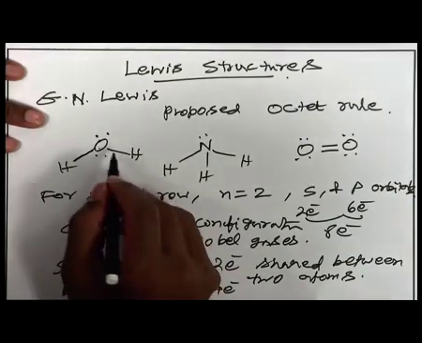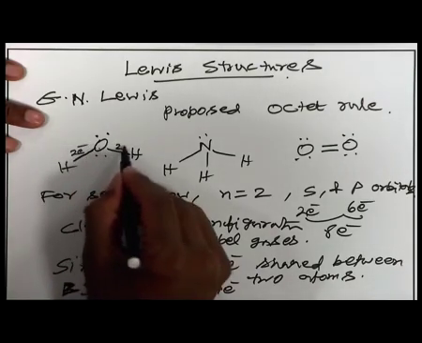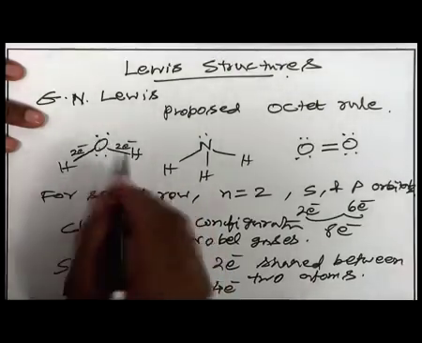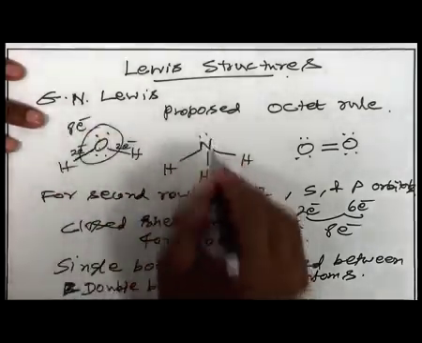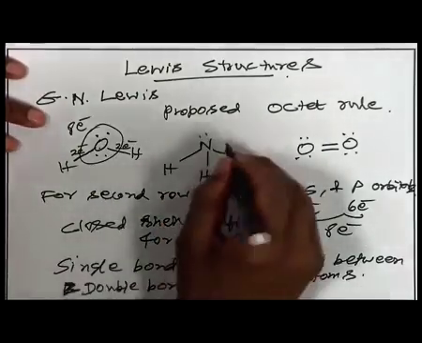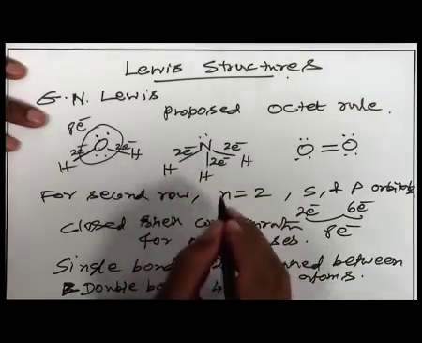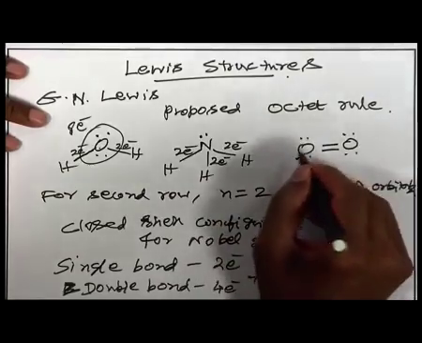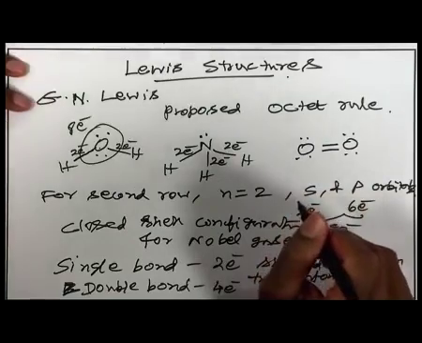So, 2 electrons here, 2 here, 4 plus 2 is 6, plus 2 is 8. In total it has 8 electrons. Similarly, the number of electrons around the nitrogen atom is 8, because there are 2 electrons in each bond and a lone pair. Similarly, you can count the number of electrons around each oxygen atom here as well.